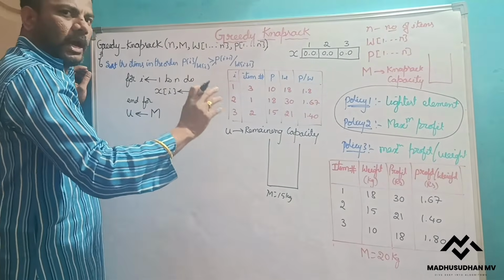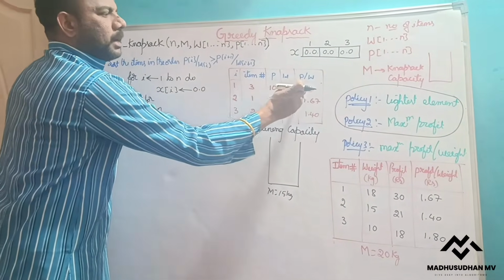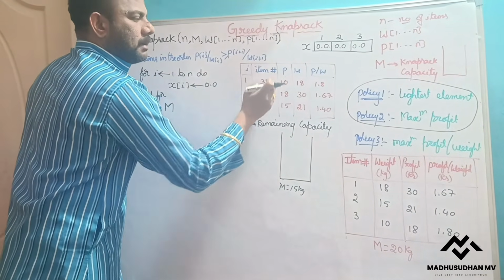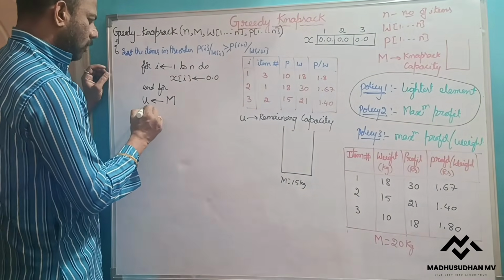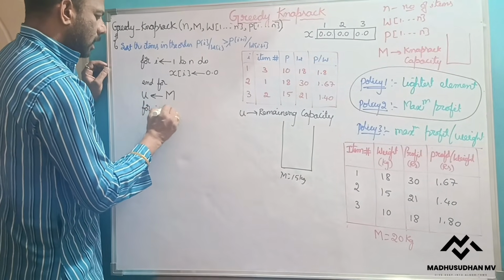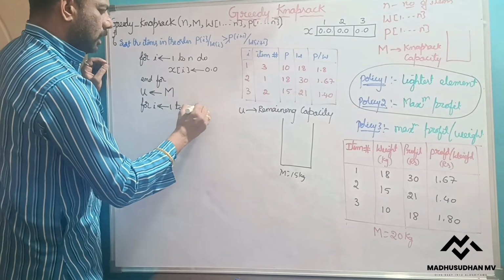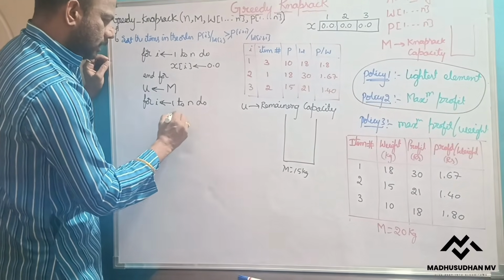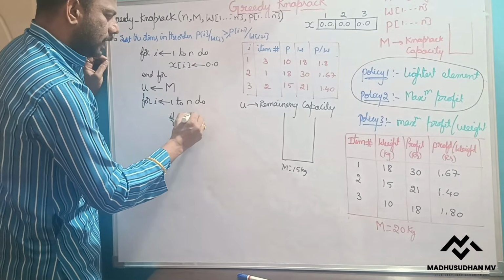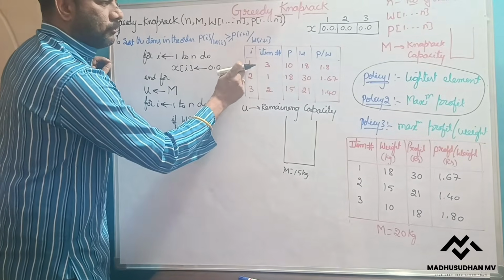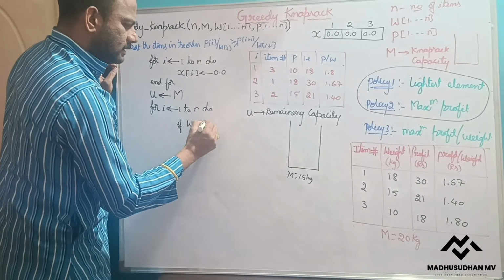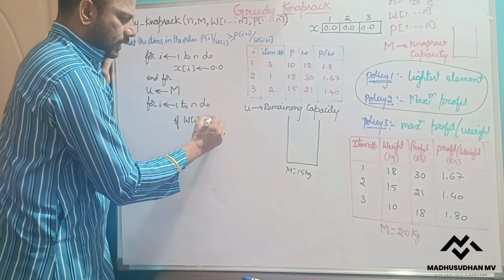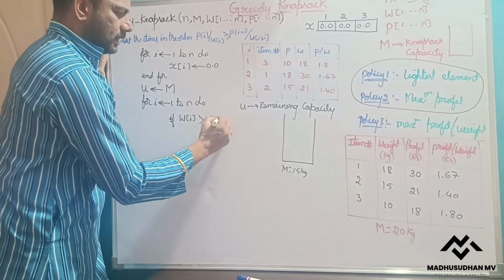Now what I have to do is check one by one in this order. This is the first one I am checking, second one, third one. This is the item number, the original item number. So for I equal to 1 to n, I need to check if the weight of the ith item, say the first item's weight is 18 kg, is greater than the remaining capacity.